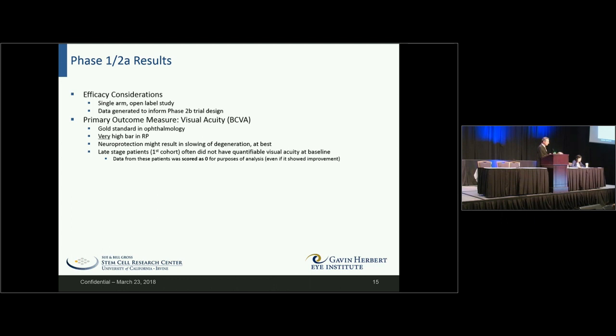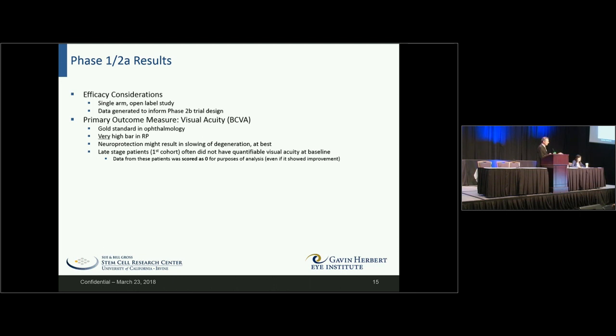Now we picked it because this is the gold standard in ophthalmology and it's very familiar to both the FDA and our clinical sites. But you need to appreciate this is an extremely high bar for a severe condition like RP, where although it's a slowly progressing disease, it is relentless and people just don't get better. So the idea that visual acuity might improve seems kind of out there.